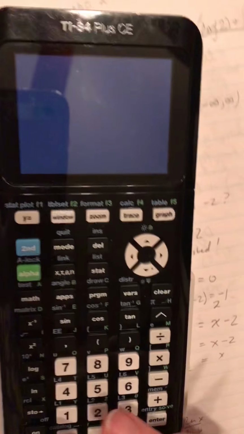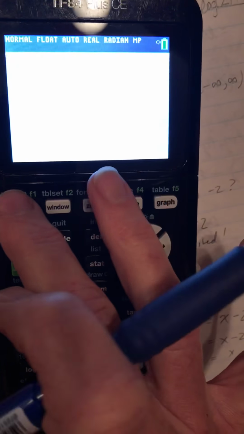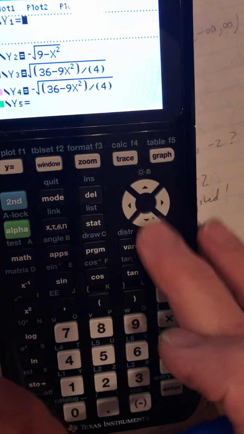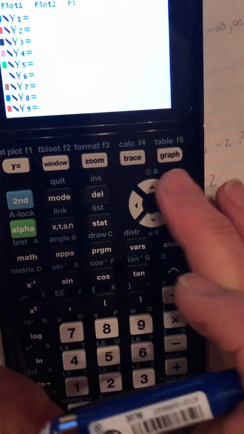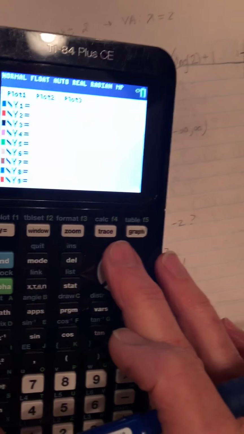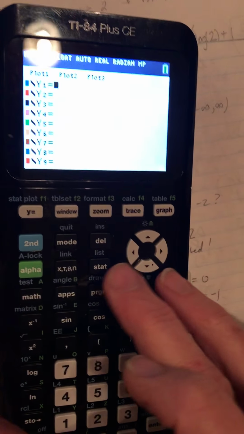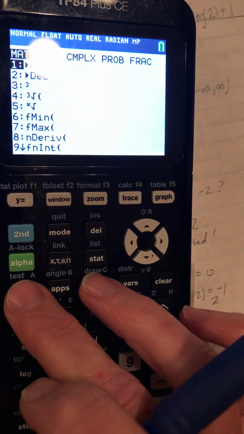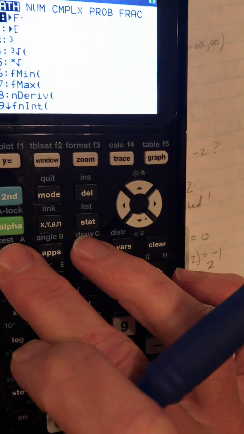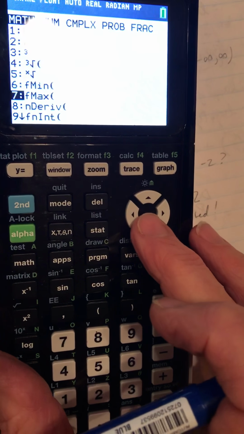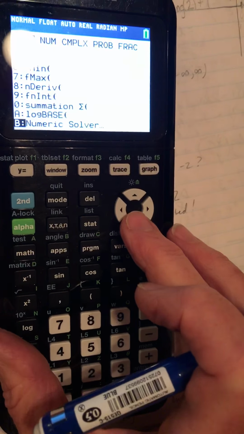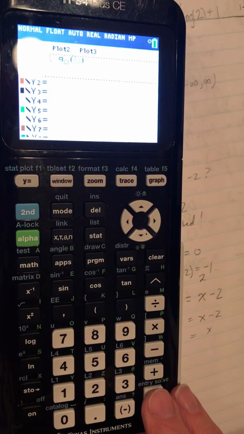All right, on the newer calculators, they actually have another base. Let me clear out all this stuff I've got in here. All right, so they have, under the math menu, I believe it's just that first menu. You just scroll down to, yep, log base.